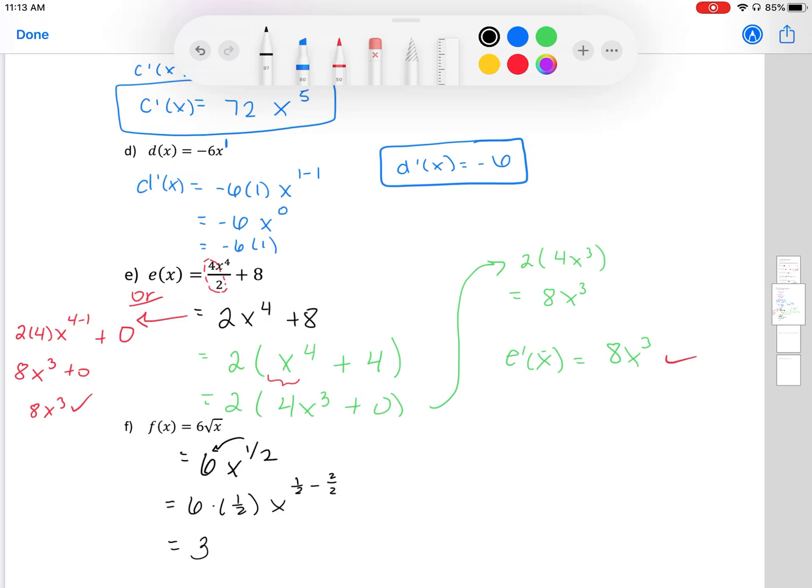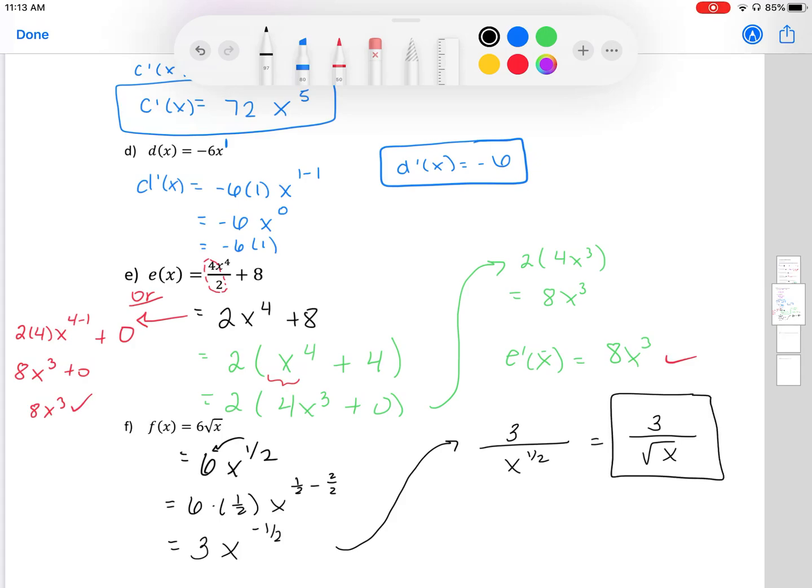So that we have 3 with x raised to the 1/2 minus 2 over 2, we get negative half. And while this is our answer, we do not like to have negative exponents, so we need to fix that. So we can write it as 3 with the x to the 1/2 power in the bottom to make it positive. There we go.